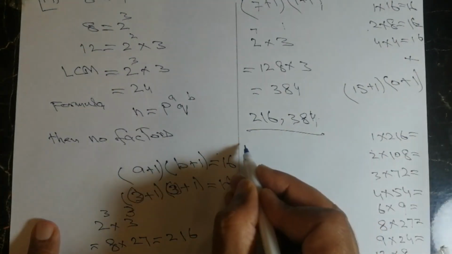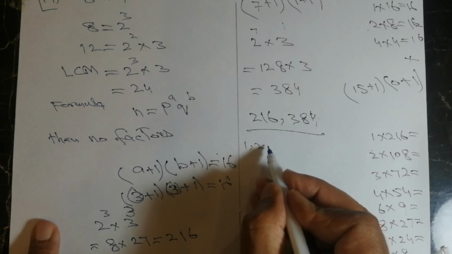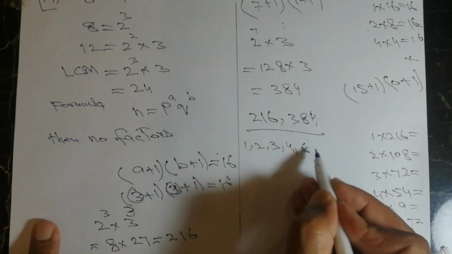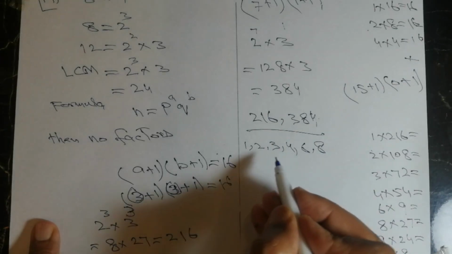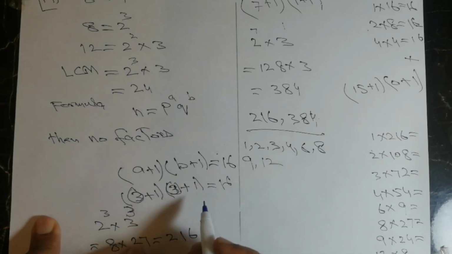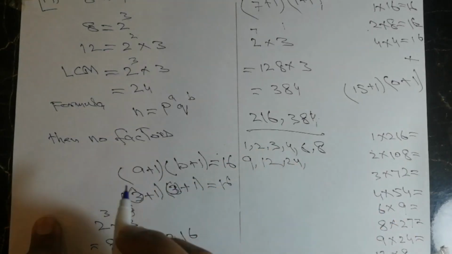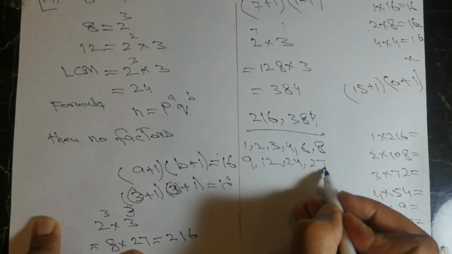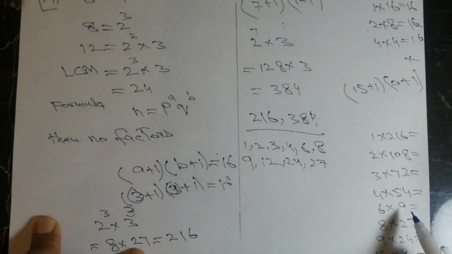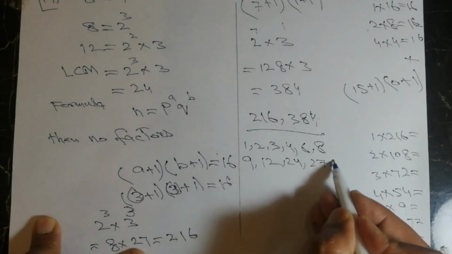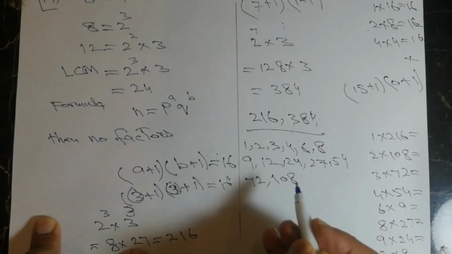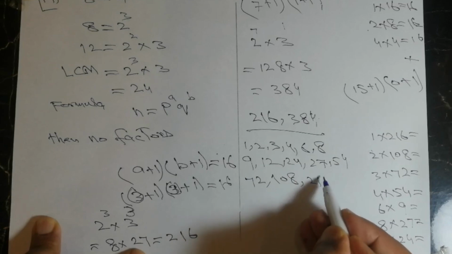So from here we can see 1, 2, 3, 4, 6, 8, 9, 12, 24, 27, 9 already written, 54, 72, 108 and 216.